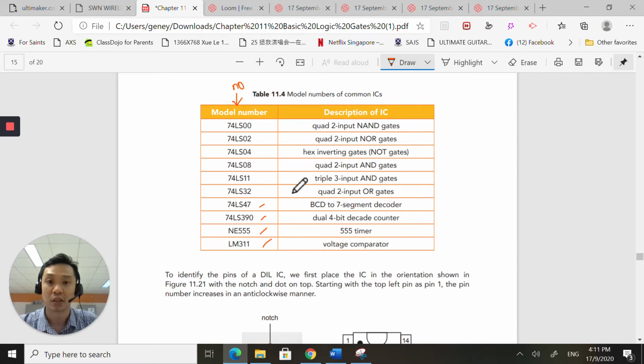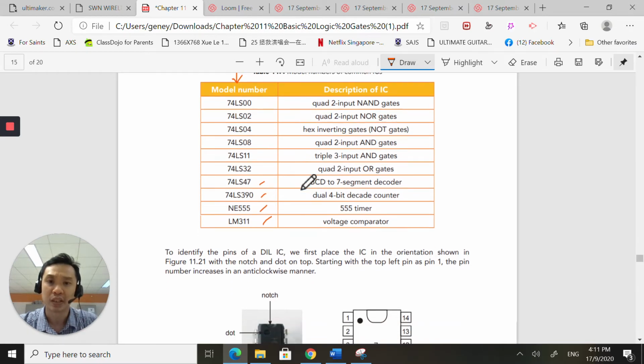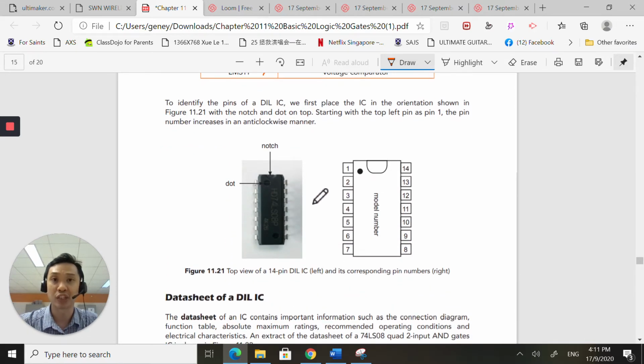Yeah, so I really can't tell you which one is the best, which one works, which one doesn't. It really depends on the situation that you're facing, and from there we choose the type of IC chip that we want.